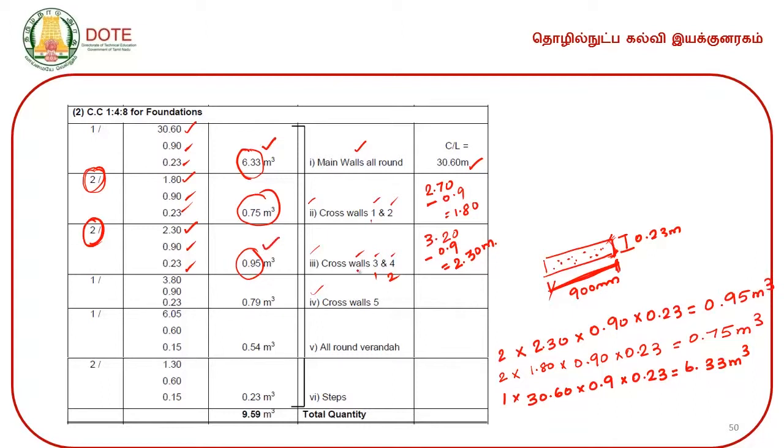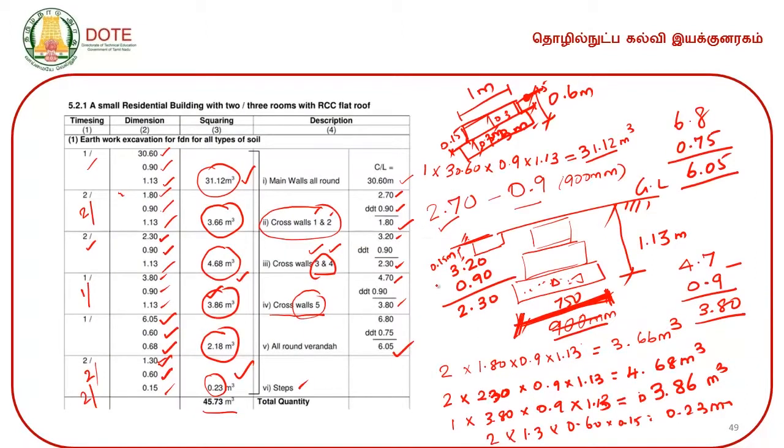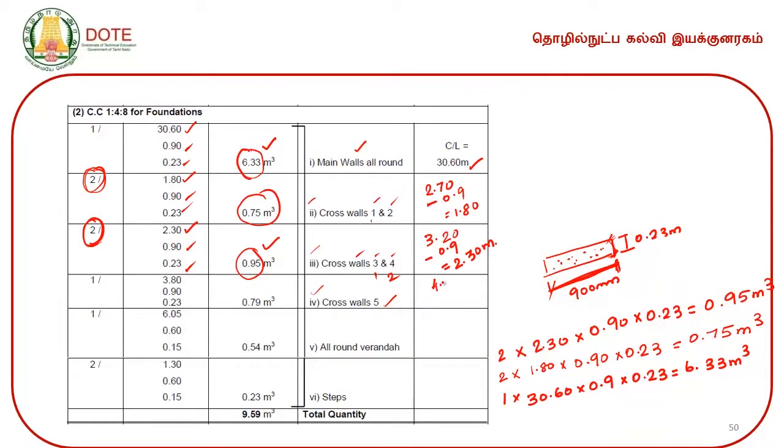The same way we are calculating cross wall 5. What is the center to center length of cross wall 5? 4.70 minus the breadth 0.90, which is 3.80 meter.